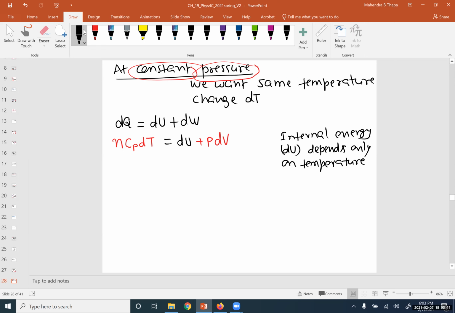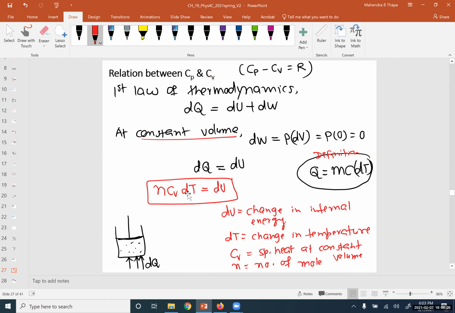So in this case also our change in temperature is the same, so the change in internal energy will also be the same. In the previous case, we found that the change in internal energy is n Cv dT.